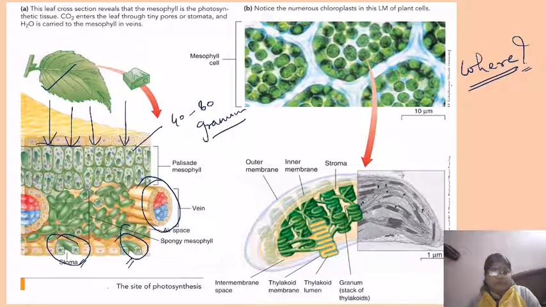Okay, now if you look here also, one more thing I will point out: if you look at these cells, the mesophyll cells, they are quite stacked to one another. But if you look at these spongy cells, they are not so compactly packed. The question is, why are they not so compactly packed like mesophyll cells?